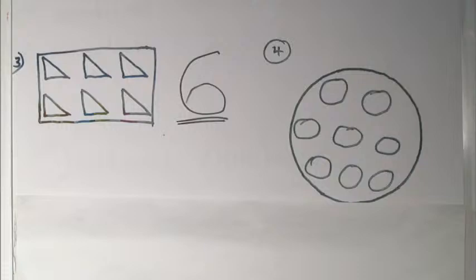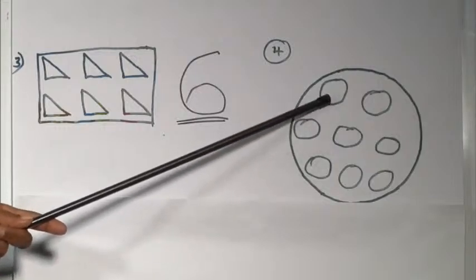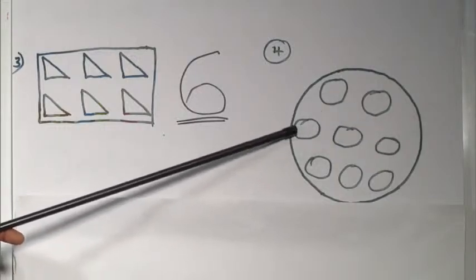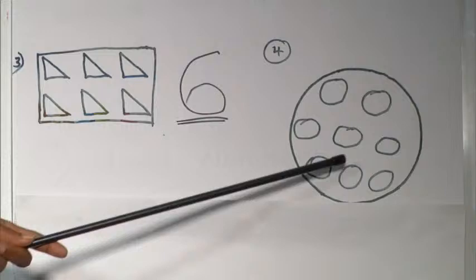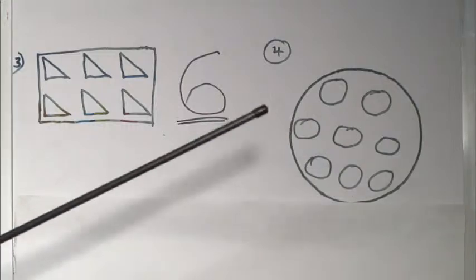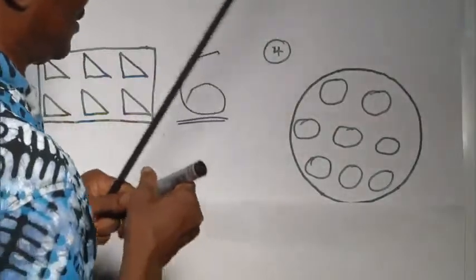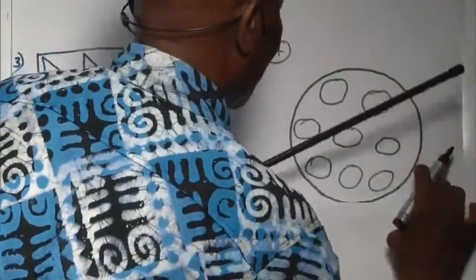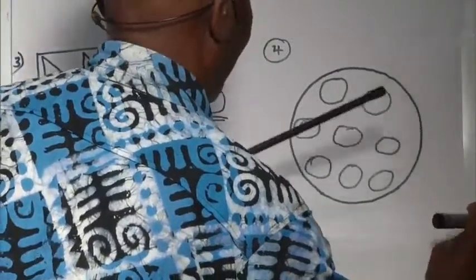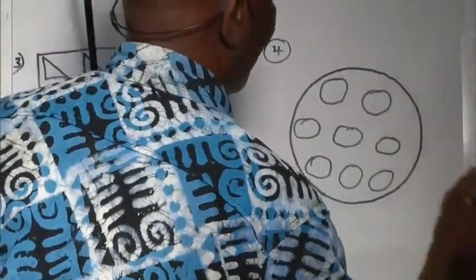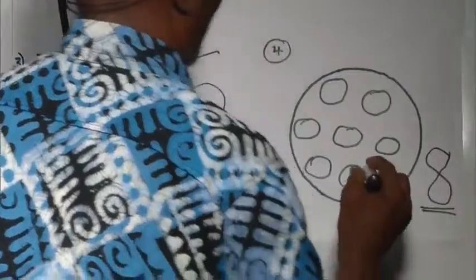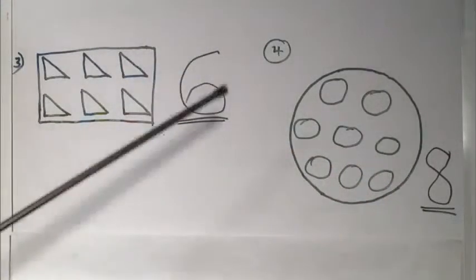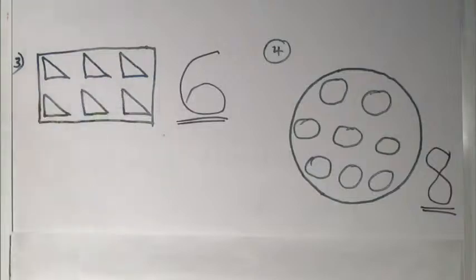Let's go to number 4. Let's count. 1, 2, 3, 4, 5, 6, 7, 8. How many are they? 8. So 8 is also a cardinal number.